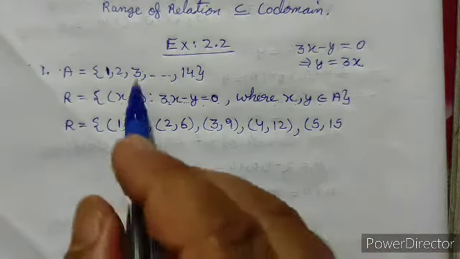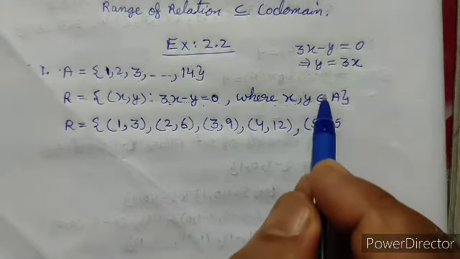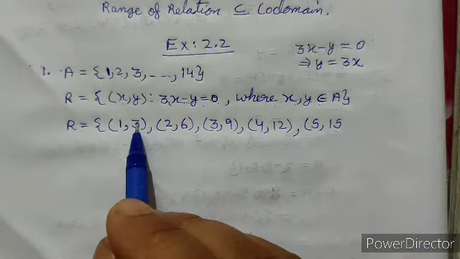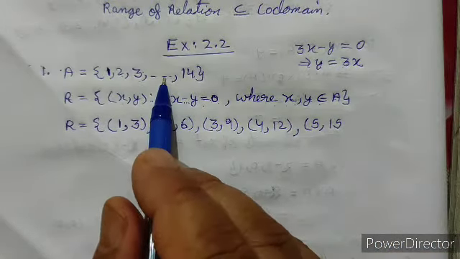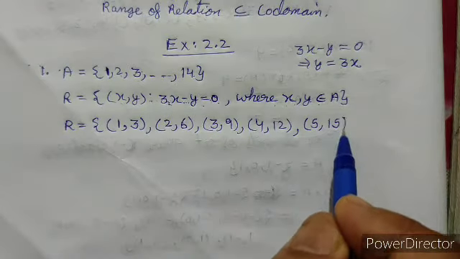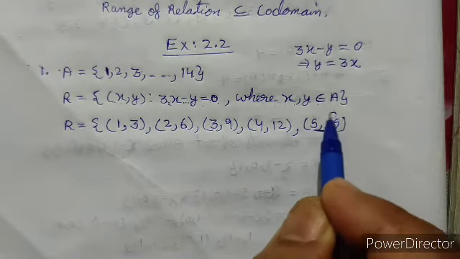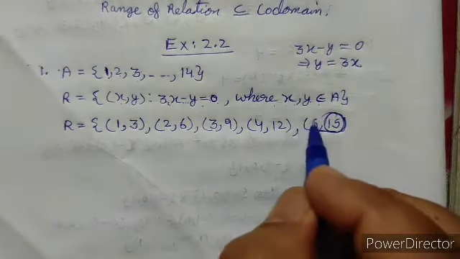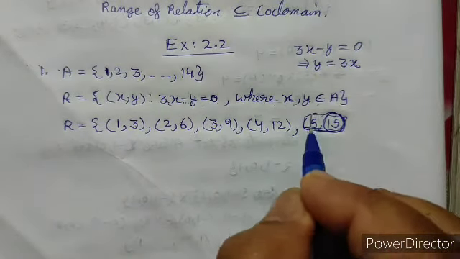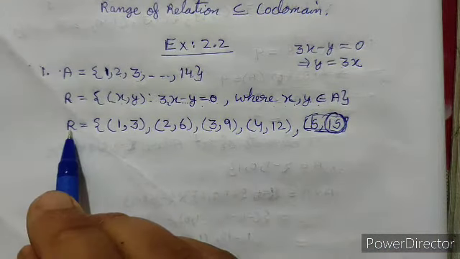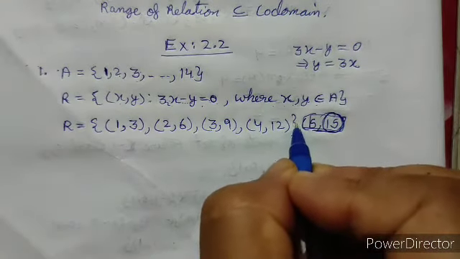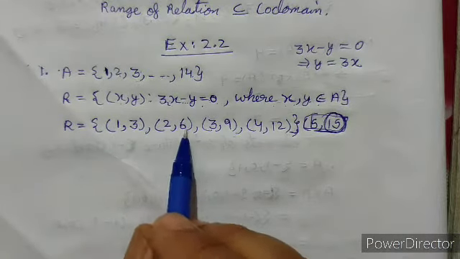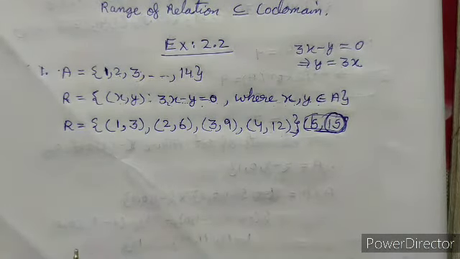But here x and y both should belong to A. That means the first and second element of the ordered pair should be from set A. Whereas 15 doesn't belong to set A. So this last pair will not be in the relation. So we have the elements of the relation as (1, 3), (2, 6), (3, 9) and (4, 12).